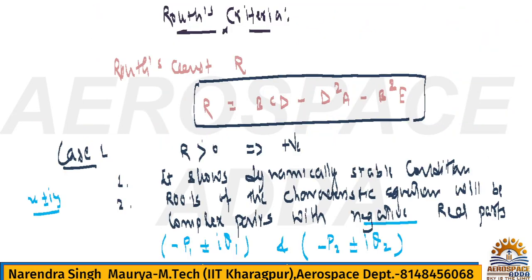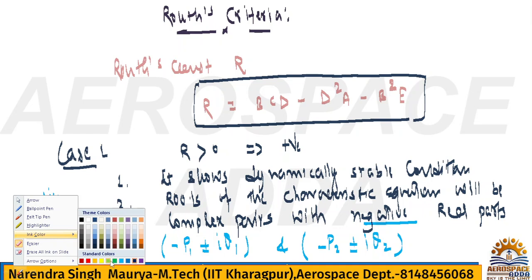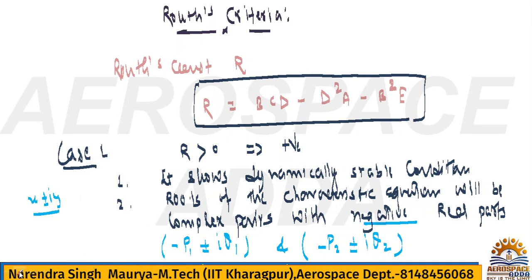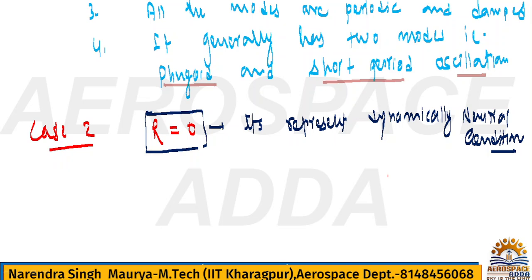If r is greater than 0, meaning r is positive, then it's dynamically stable. Here it is given. But if r becomes 0, then it means it is a dynamically neutral condition.